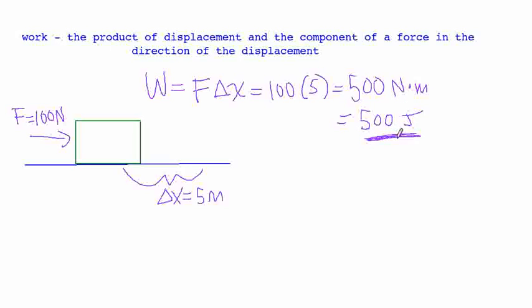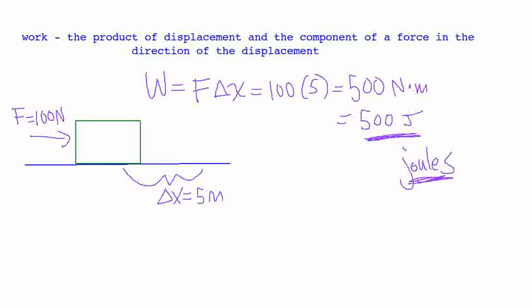So pushing this box with a force of 100 newtons for 5 meters, you performed 500 joules of work. Now why did I specify that you had to use the component of a force in the direction of displacement?